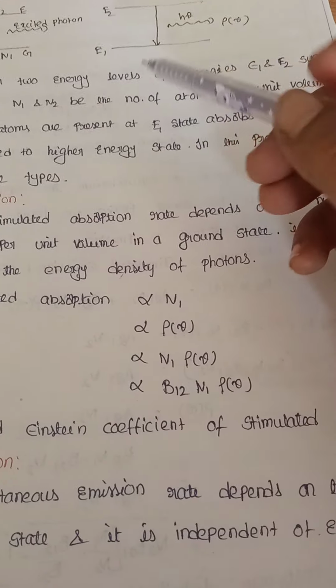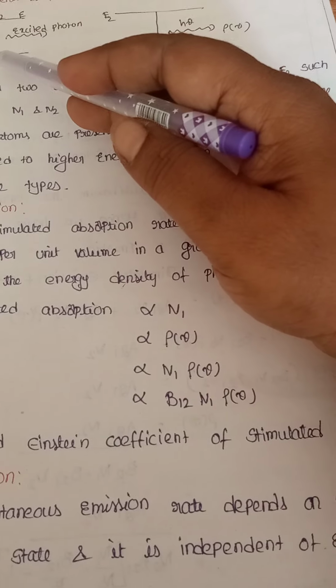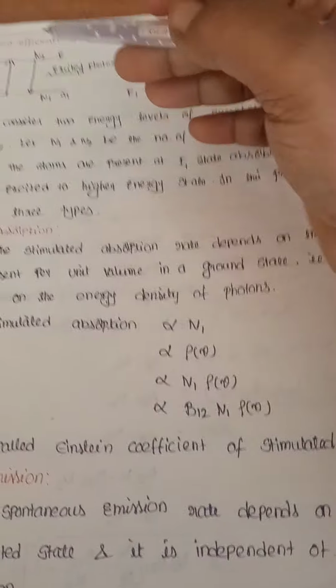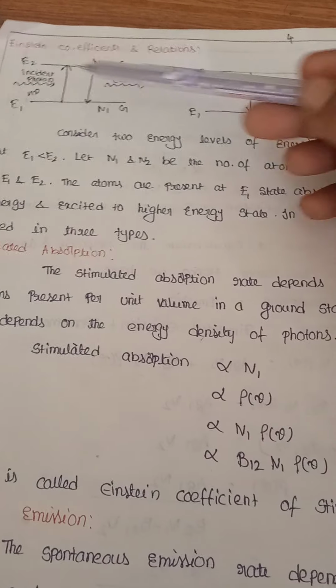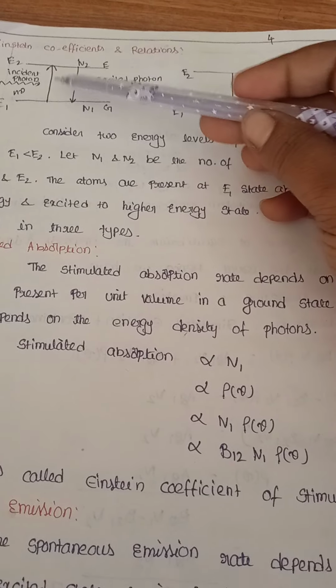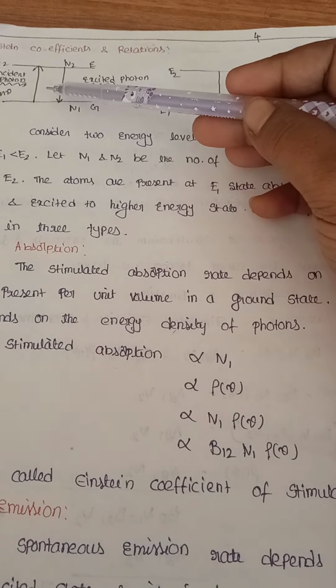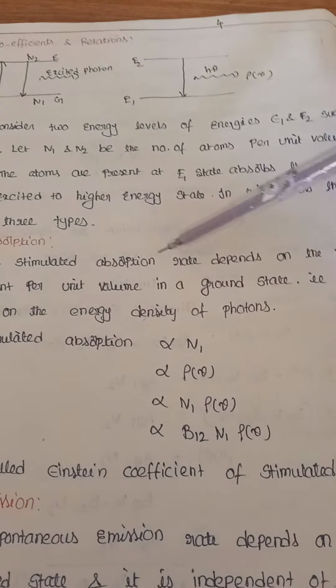Stimulated absorption means it exists in the ground state process. Usually the atoms are present in the ground state. After a long time we incident a photon of energy, then the atoms completely absorb the photon of energy. That is stimulated absorption.